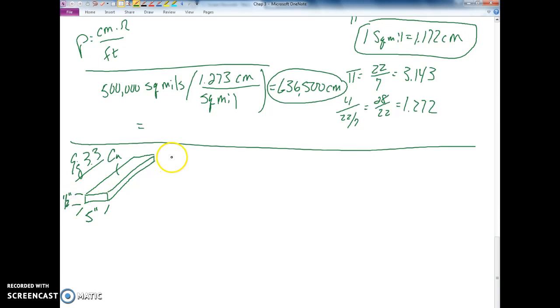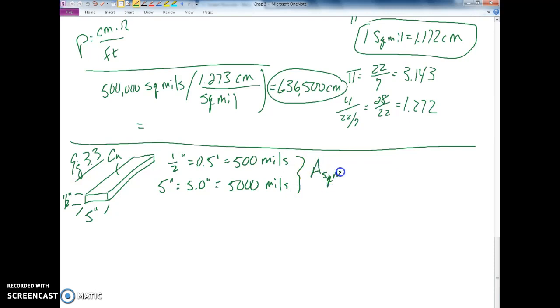So in square mills, that would be 1/2 inch equal to 0.5 inches, 500 mils thick. Then 5 inches wide would be 5.0 inches or 5,000 mils wide. And so that area in square mills would be equal to 5,000 times 500.